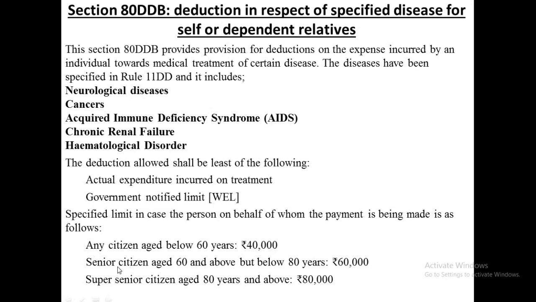For a senior citizen aged above 60 years but below 80 years, the maximum limit will be 60,000. For super seniors aged above 80 years, the notified limit is rupees 80,000. Then the amount of actual expenditure incurred, whichever is least, will be taken as the deduction under section 80DDB.